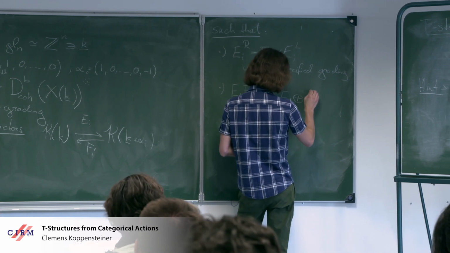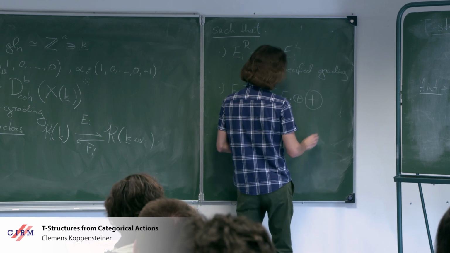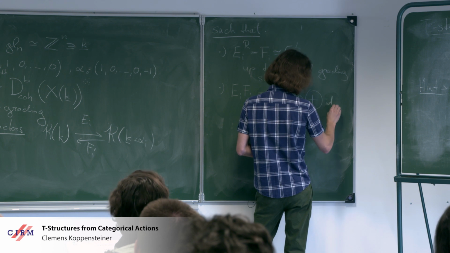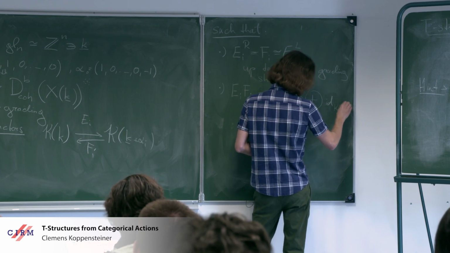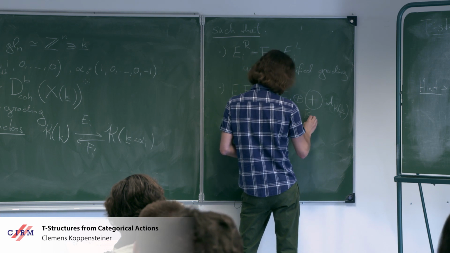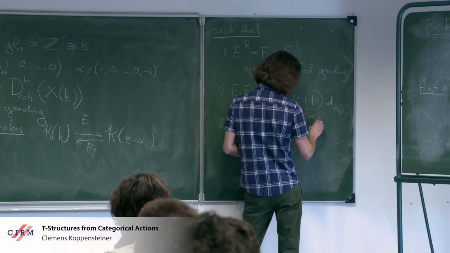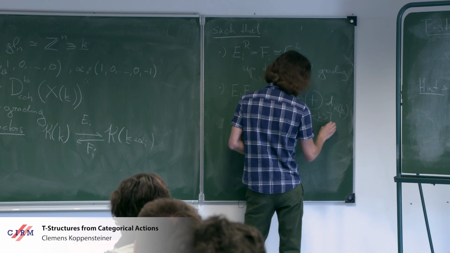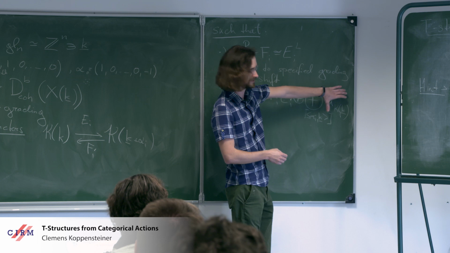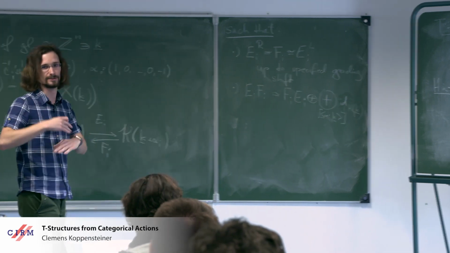So plus a big direct sum of alpha I, k many. So again, I'm suppressing gradings. What I mean by this is essentially there should be in various grading shifts all these identities.